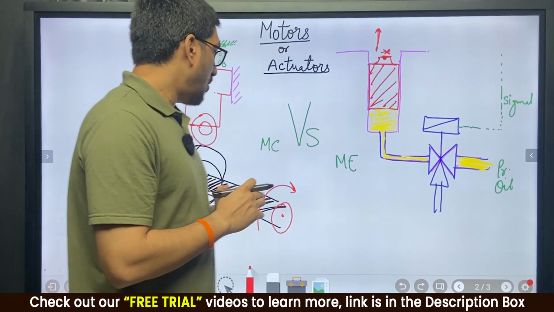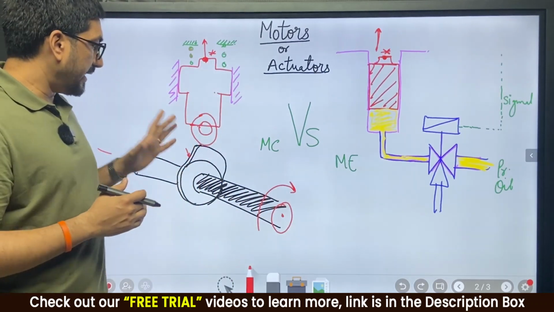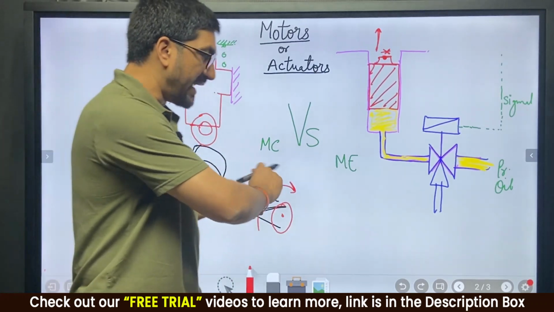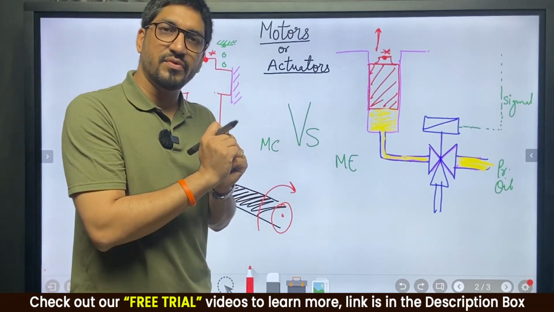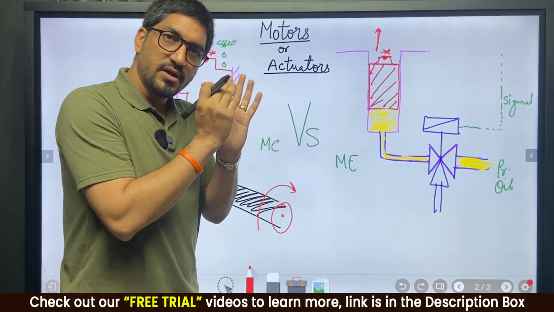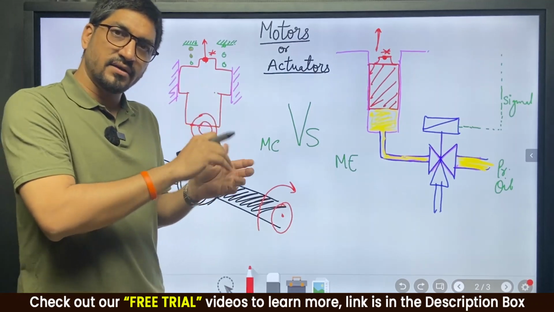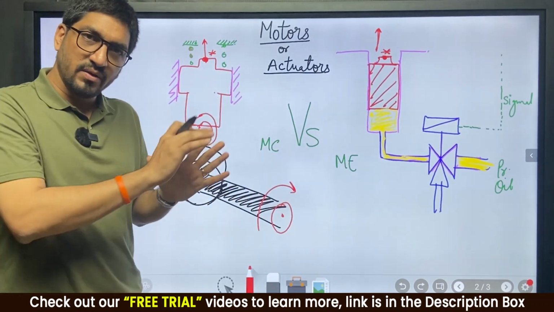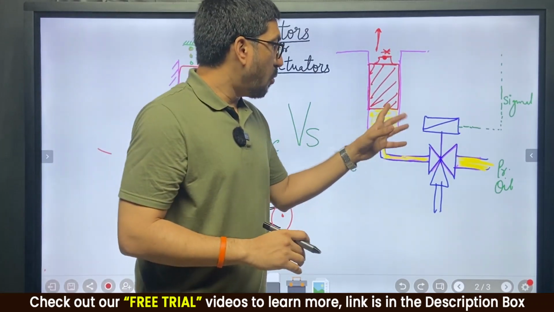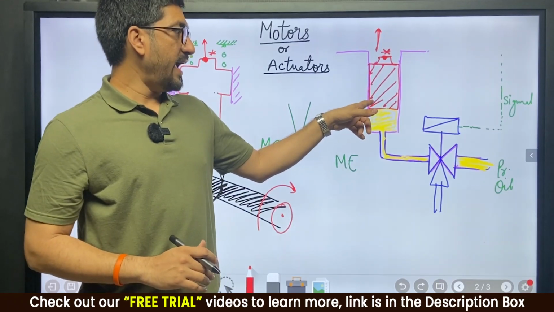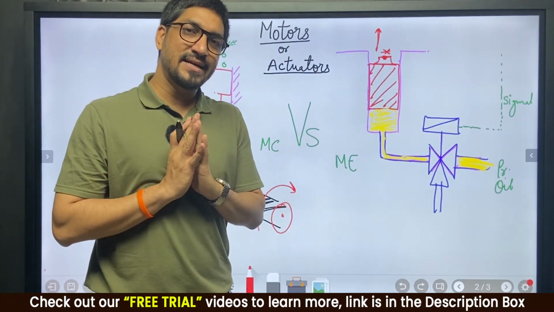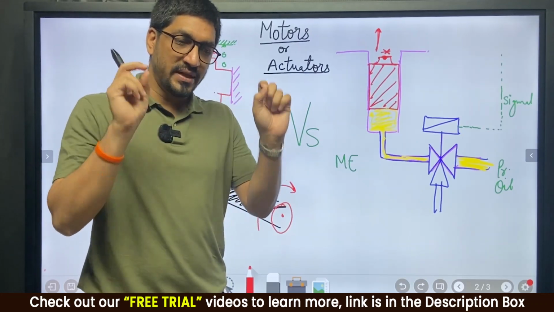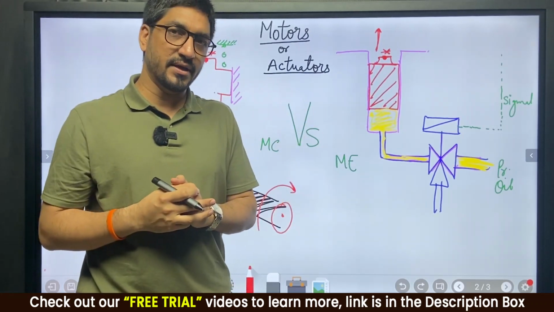Second is timing. Here in the MC engine the timing was controlled because they are mechanically linked in the camshaft. The positioning was decided when the engine was manufactured, and the construction and setting were as per that. But here, when to give the oil and when to drain the oil has to be decided in situ, exactly when the process is happening.